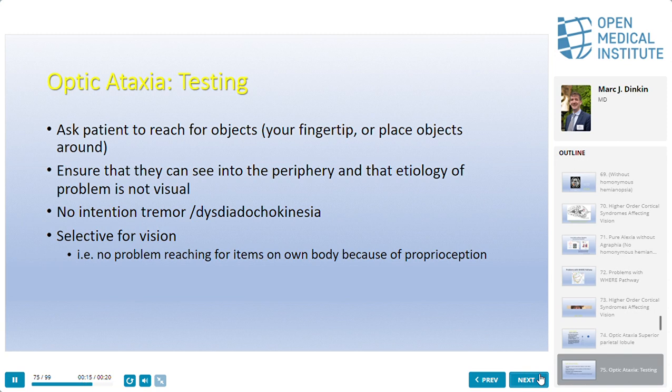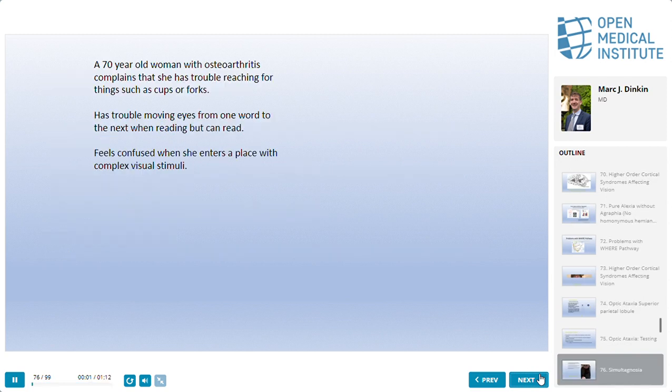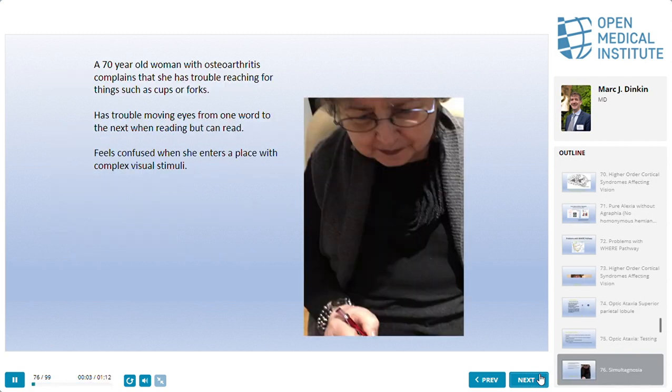Here's another patient with the same kind of syndrome. She also had optic ataxia, but I asked her to look at a certain shape and tell me what she saw. And here's what she saw.